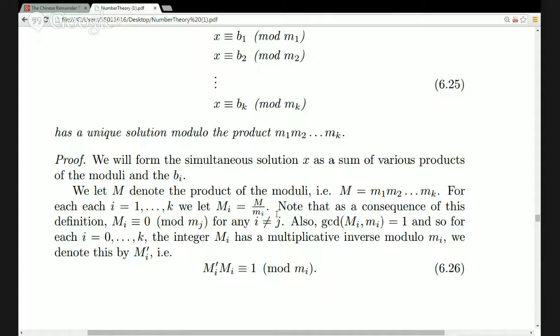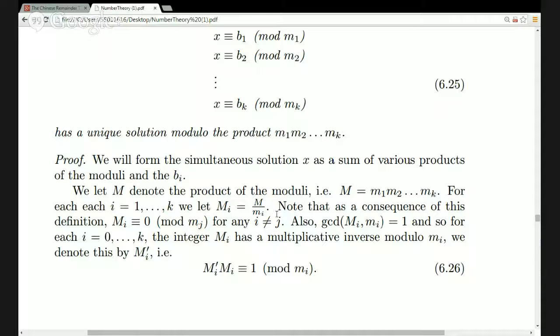Now, the important thing about being co-prime is that when you've got one number that's co-prime to another one, it means that the first number is invertible modulo the second number. And that's these numbers, capital Mi prime. Those are the inverses modulo little mi.